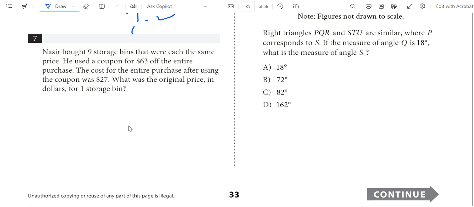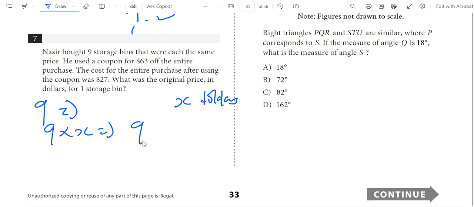So we can see that Nasir bought 9 storage bins, and we know that they have the same value. So each bin costs X dollars. Now if there are 9 of them, it's going to be 9 times X, which is 9X dollars. Now we've got to figure out the value of X.